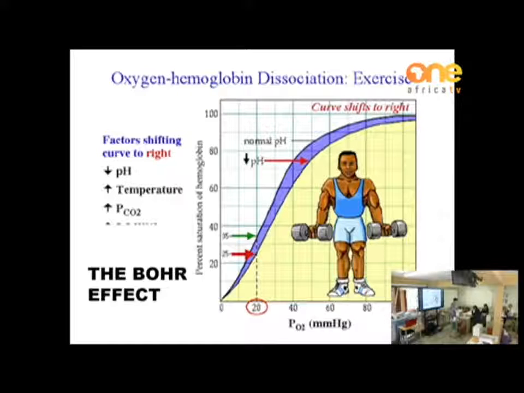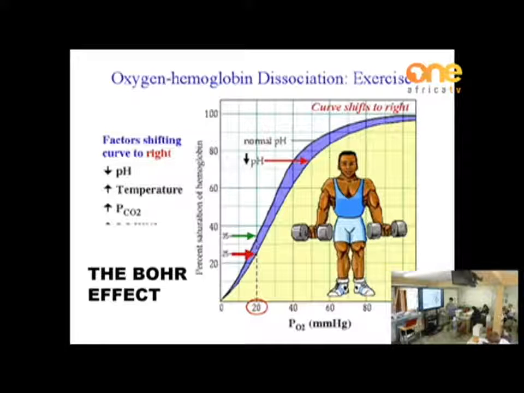More oxygen is unloaded. Now, if you do not have the next sentence, I want you to write it in, and you can write it in pen. Carbon dioxide reduces the affinity of hemoglobin for oxygen.